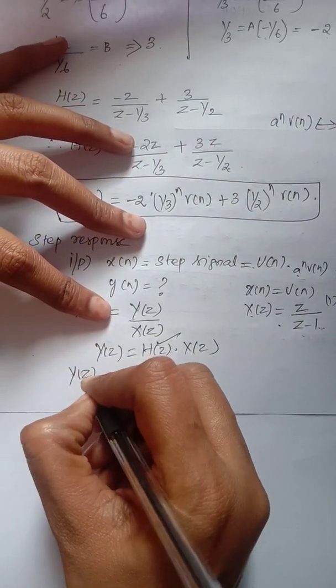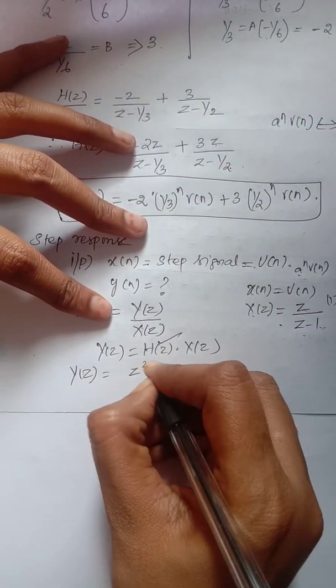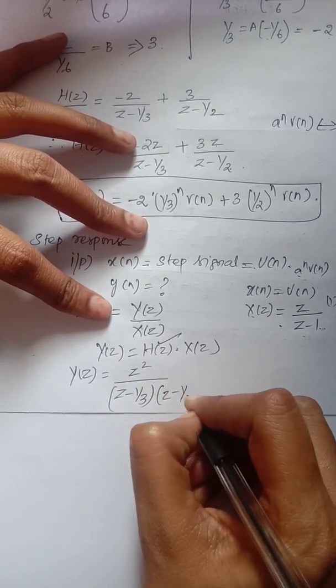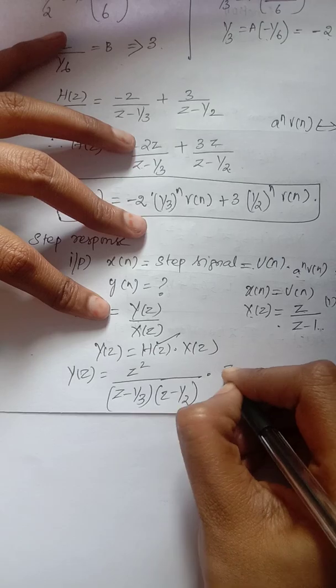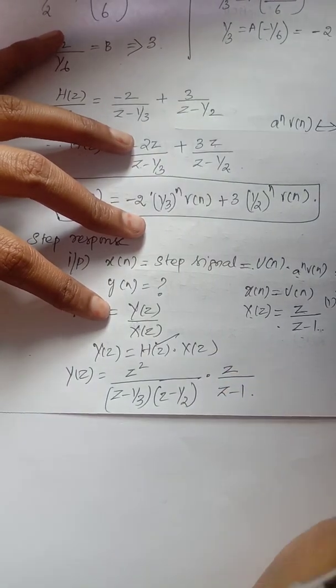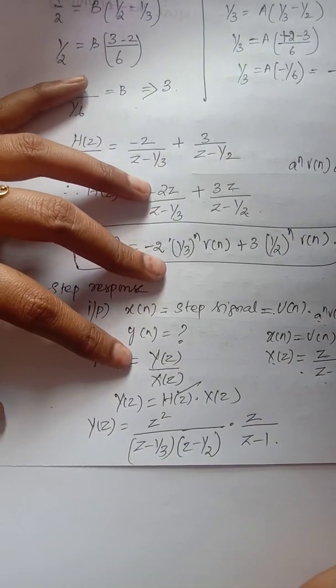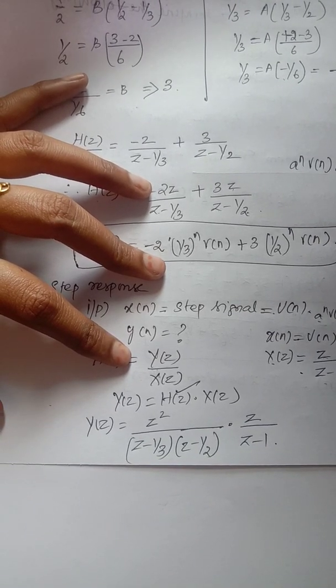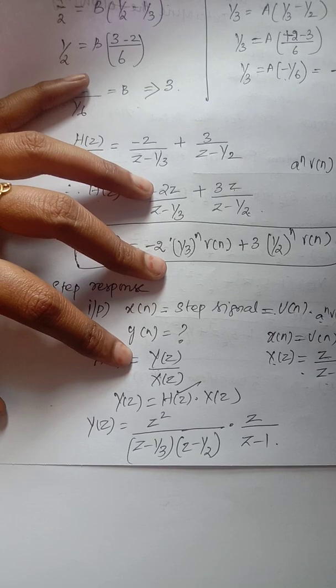So your y of z is equal to h of z, which is z squared by z minus 1 by 3 into z minus 1 by 2, into z by z minus 1. This is the resultant. Now you need to apply the partial fraction method in order to find the inverse, that is y of n.